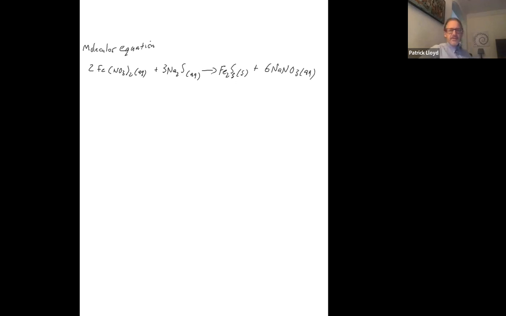Okay, that's the molecular equation. And it's balanced. You can tell it's balanced, right? Check on it. Is the same number of iron atoms on both sides? Same number of nitrates on both sides, same number of sodiums on both sides, and same number of sulfurs on both sides.